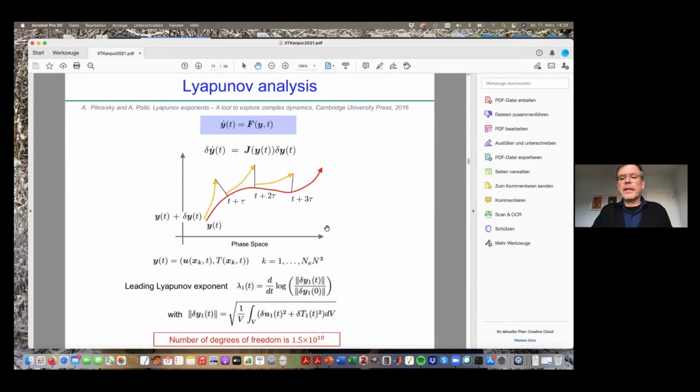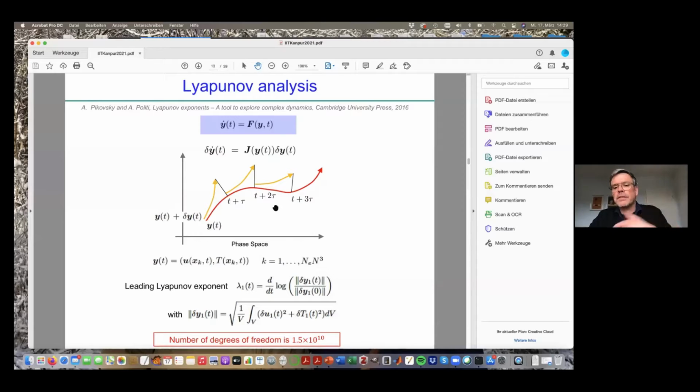You have to keep in mind this is separating exponentially fast, so you cannot keep this forever. What you typically do is you stop, you re-orthogonalize, you rescale, and then you start again, because what you want to monitor is the exponential separation strength. That is basically a relative measure, and that's why you can apply this rescaling, in combination with a Gram-Schmidt orthogonalization.